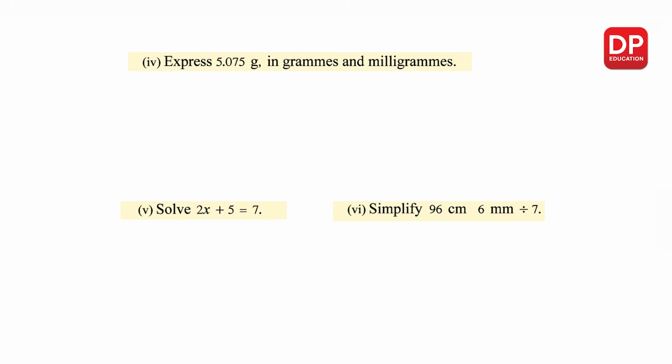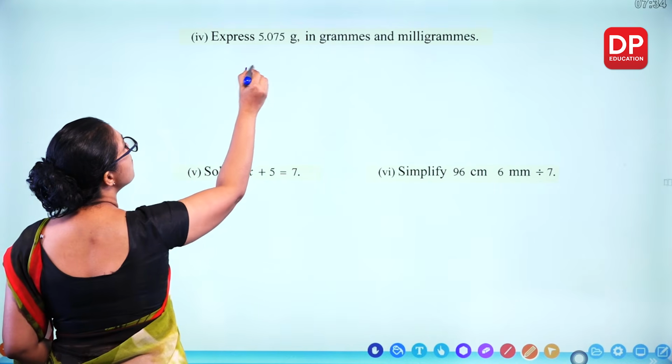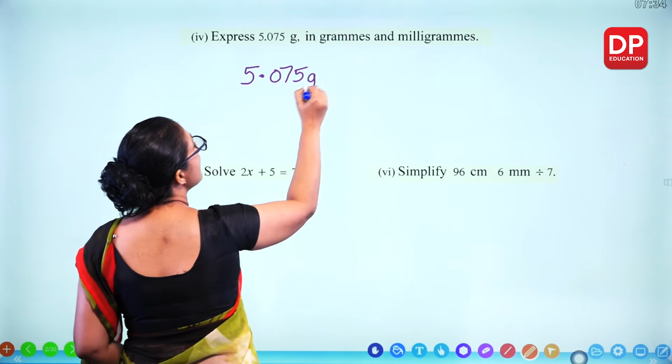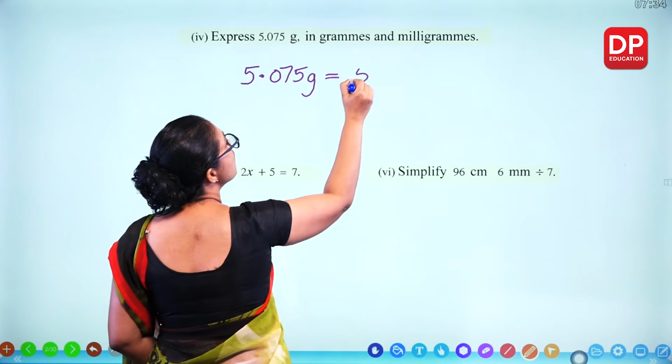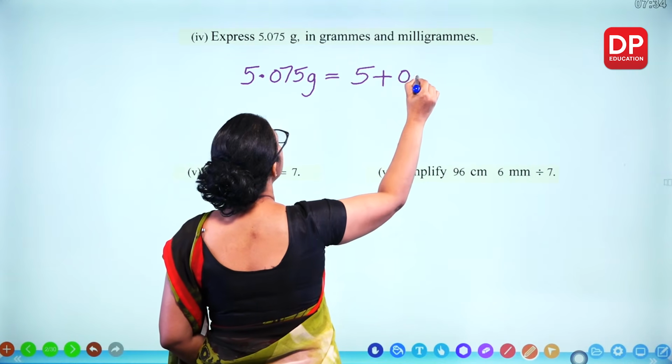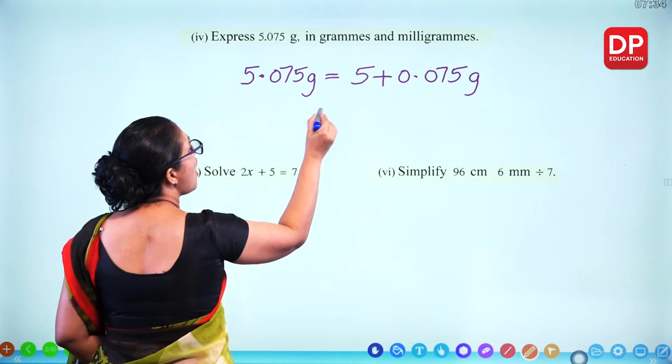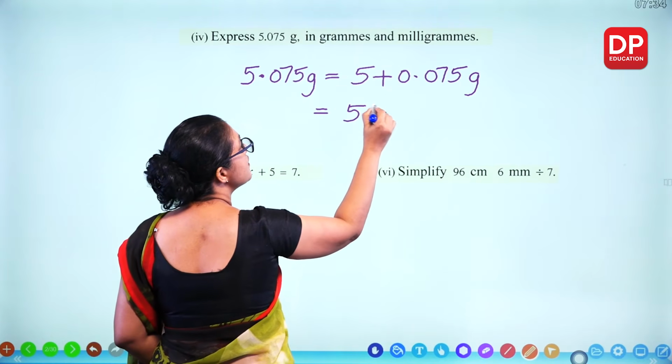Look at the next one. Express 5.075 grams in grams and milligrams. So 5.075 grams, I can write this as 5 grams and 0.075 grams. How can I convert grams to milligrams?